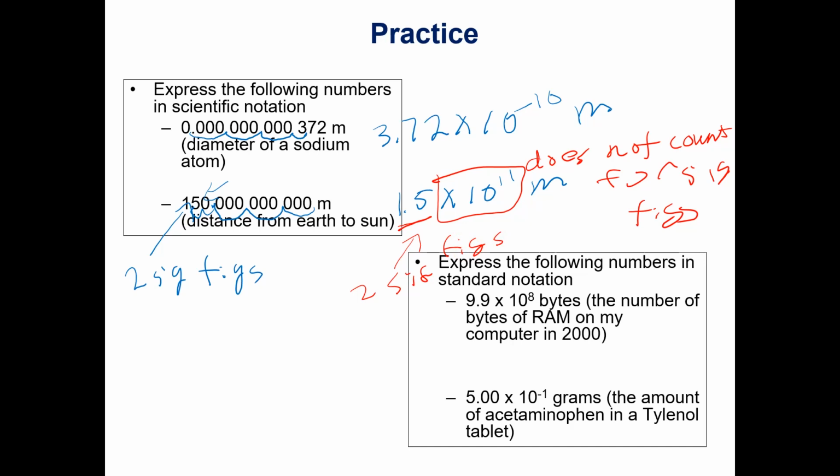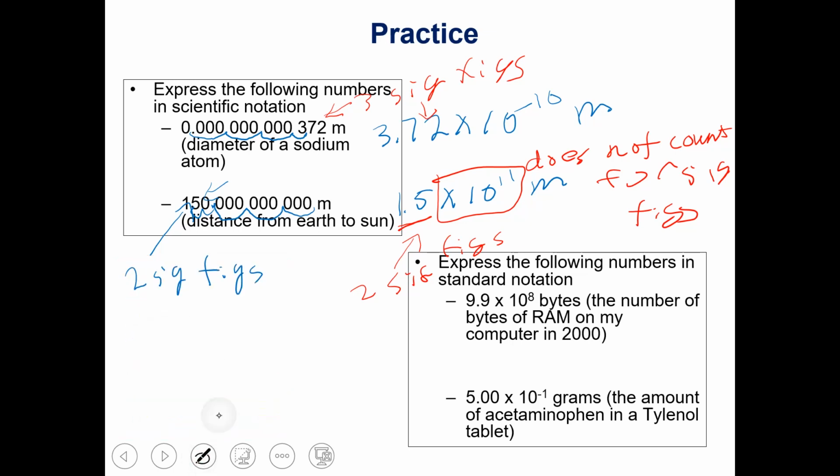So don't add significant figures when you convert something to scientific notation. These leading zeros are not significant. It had 3 sig figs to start with, and it had 3 sig figs in our final answer.